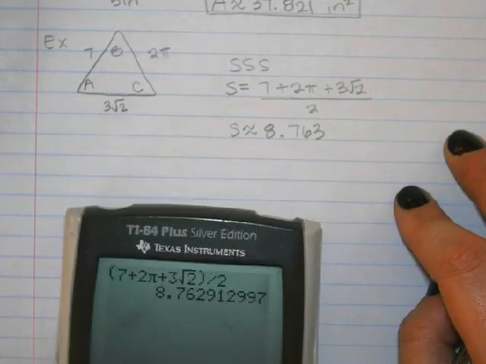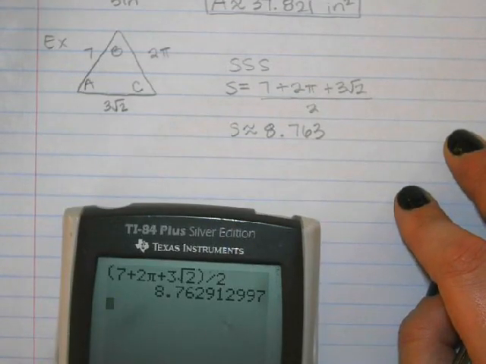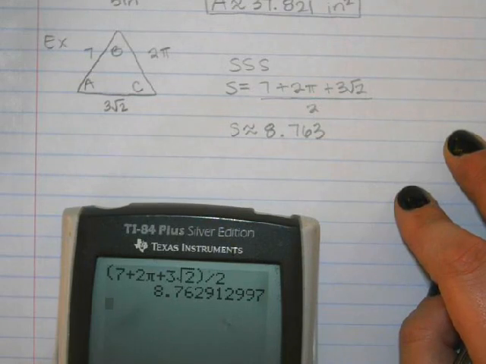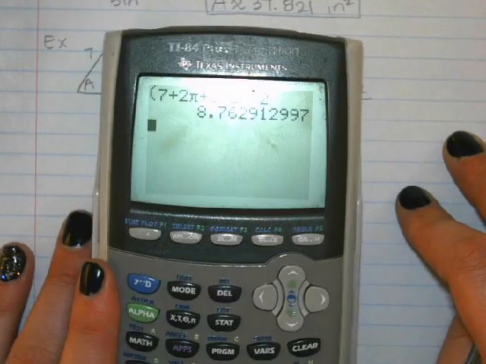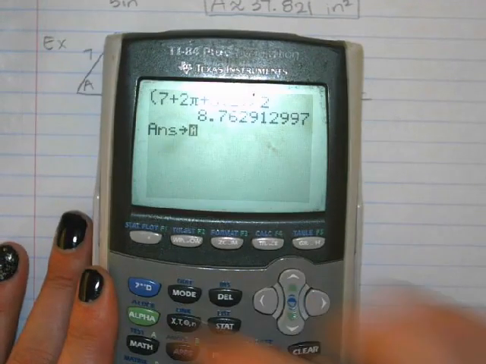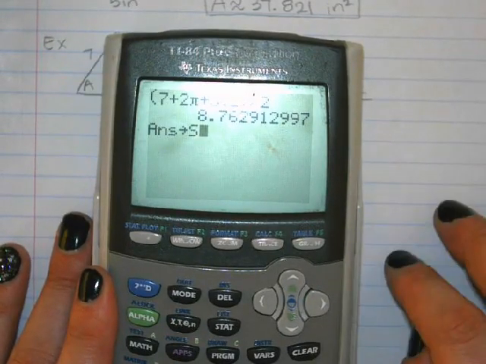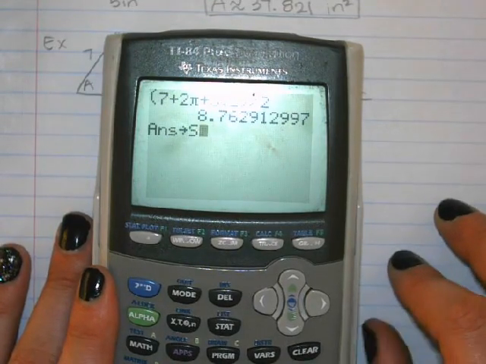So we're going to use a decimal as our S value, and our S value shows up in our formula 4 times. So how are we going to get that S value into our formula? We're going to store it. So store, I'm going to go ahead and store it as S, which is the ln button. So second, or alpha ln.